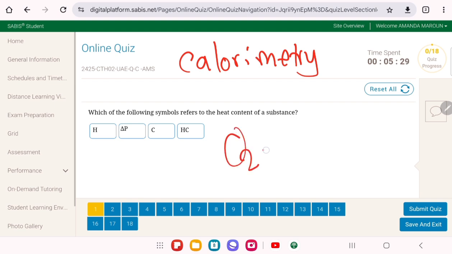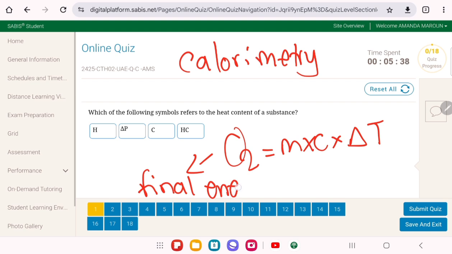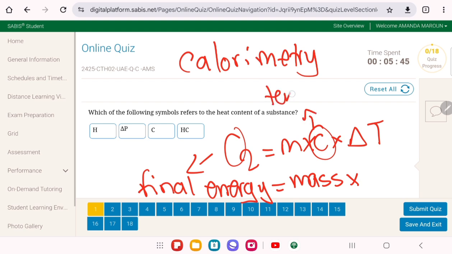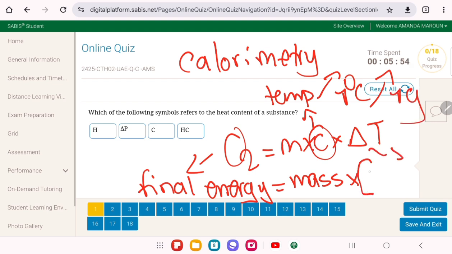It is Q equals M times C times delta T. Q is the final energy, M is the mass, C is the temperature needed to raise 1 degree Celsius of 1 gram, and delta T is temperature final minus temperature initial.